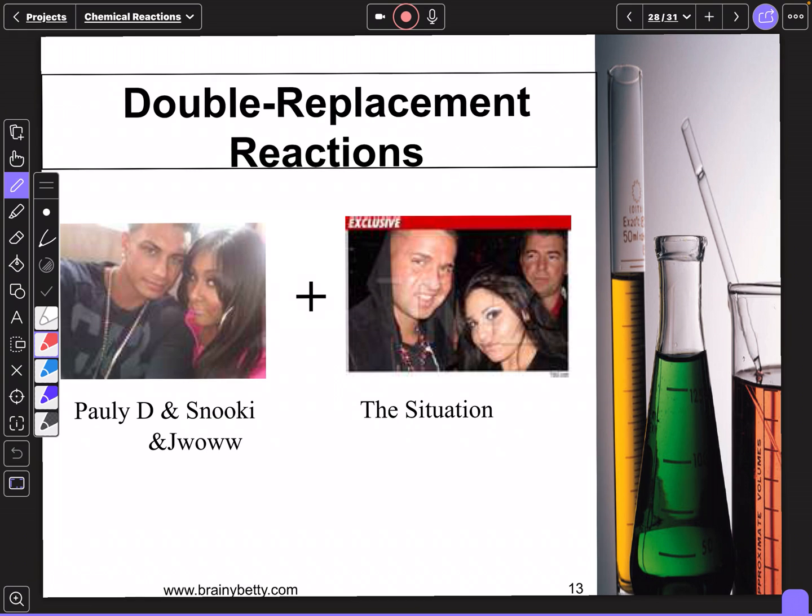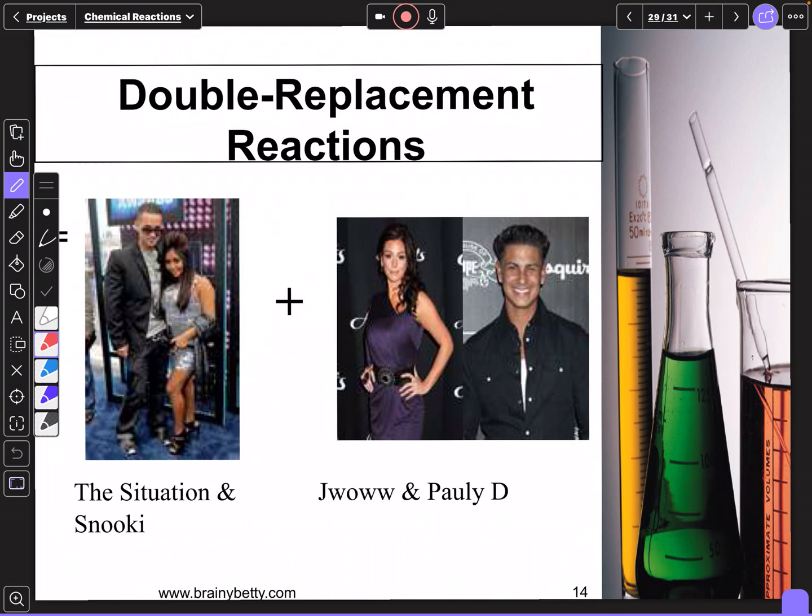Okay, double replacement reactions, like Pauly D and Snooki, plus The Situation and JWoww. And afterwards you get The Situation and Snooki, and JWoww and Pauly D. The double replacement.